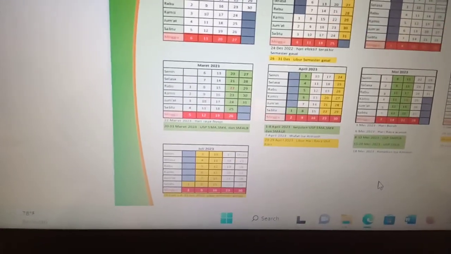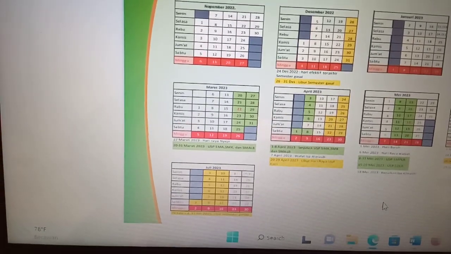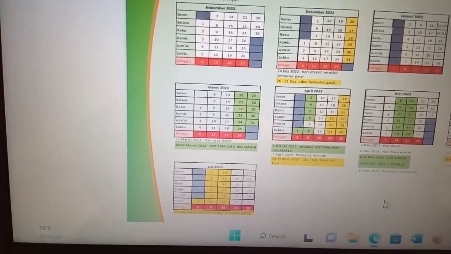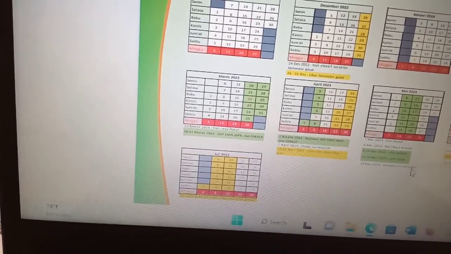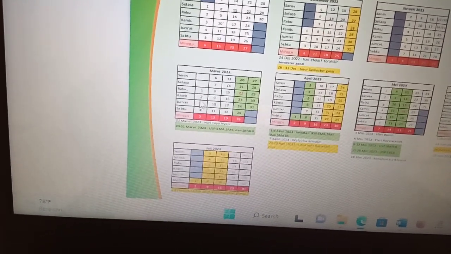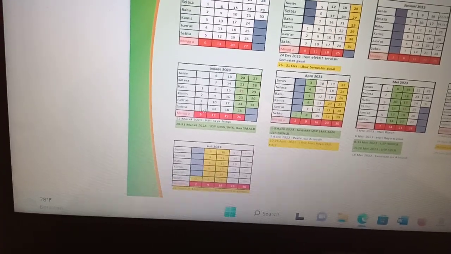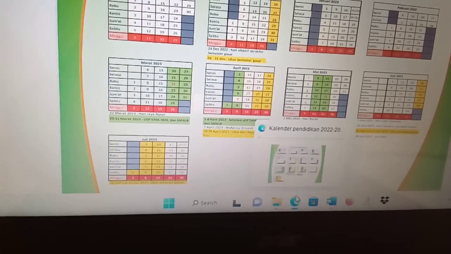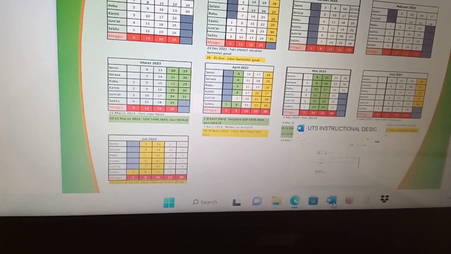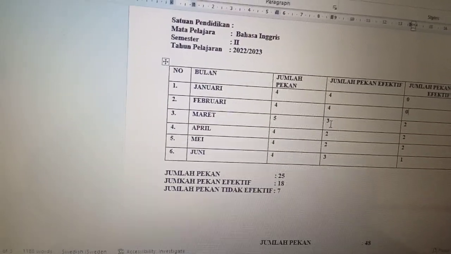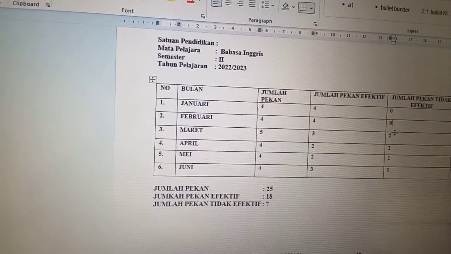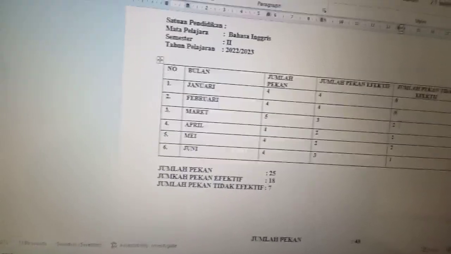In the month of March, as you can see here, there are 5 weeks, with 3 effective weeks here. 1, 2, 3. 5 weeks. The total is 5 weeks and then minus 3 effective weeks equal to 2 ineffective weeks.